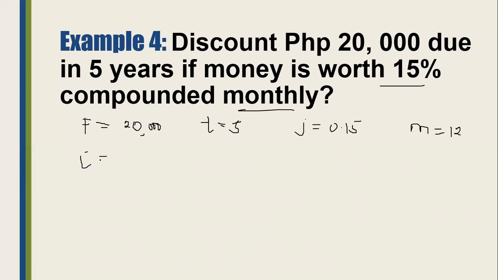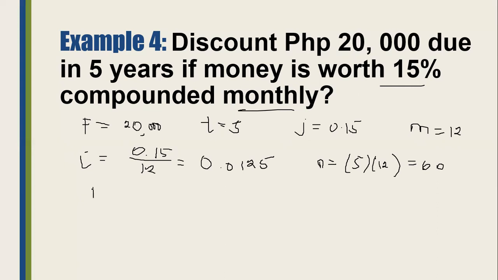Our I, J is 0.15 divided by 12, so we have 0.0125. Next is N. N is time multiplied by M. 5 times 12, so we have 60.